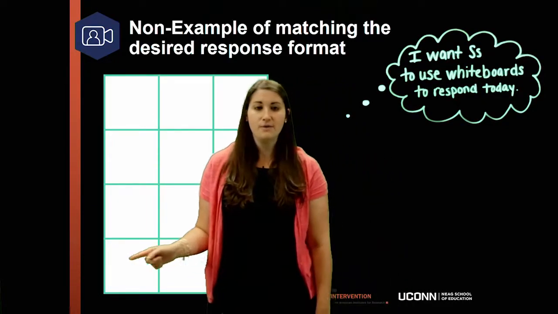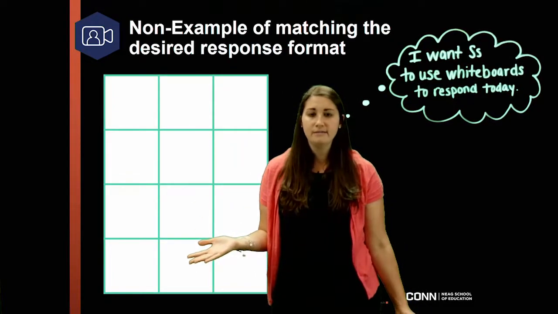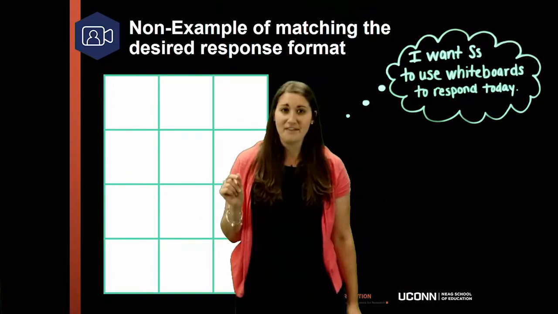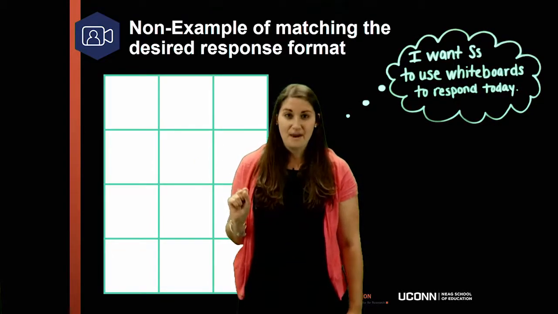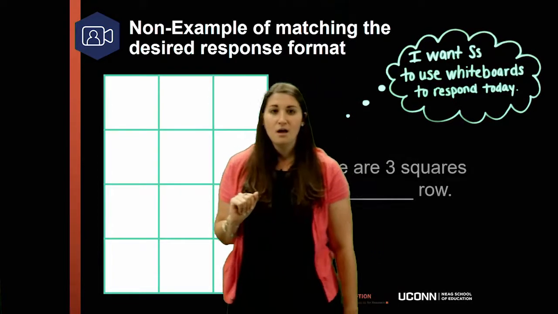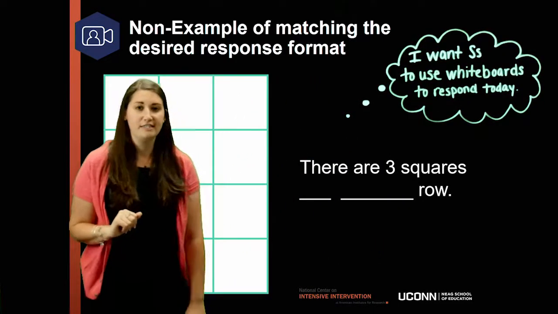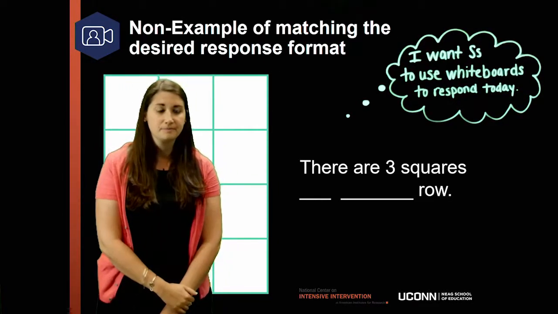1, 2, 3. So all of the rows have how many squares, everyone? Oops. Make sure you write that on your whiteboard. We're not saying it out loud. 3. That's right. All of the rows have 3 squares. Whisper to your partner to finish this sentence. There are 3 squares, blank, blank row.